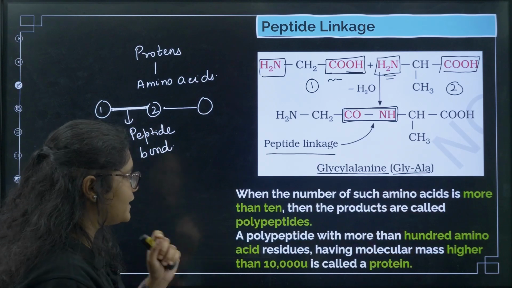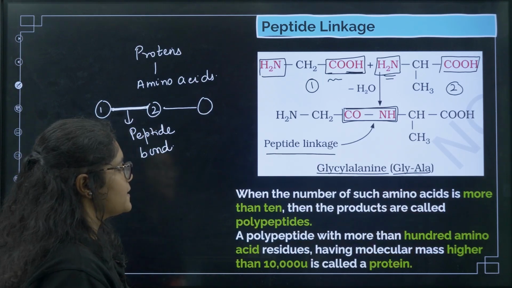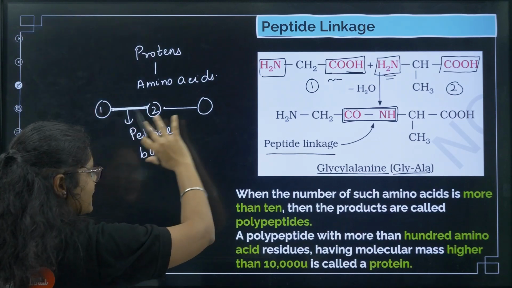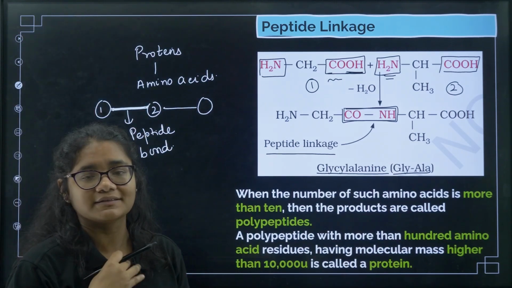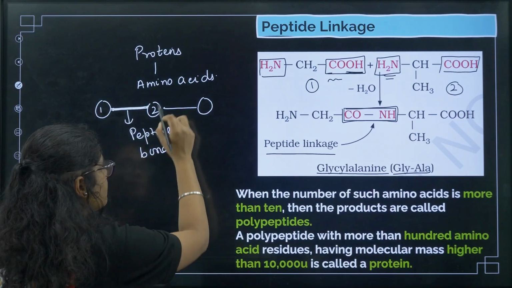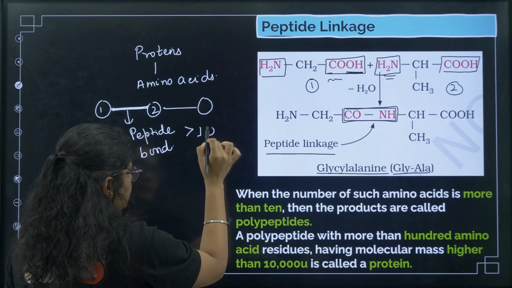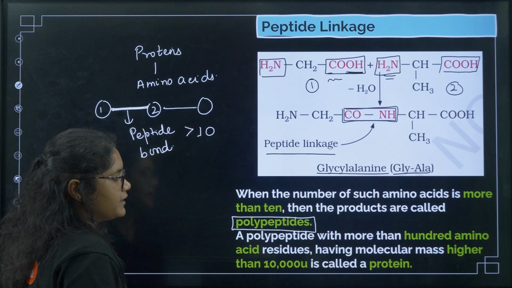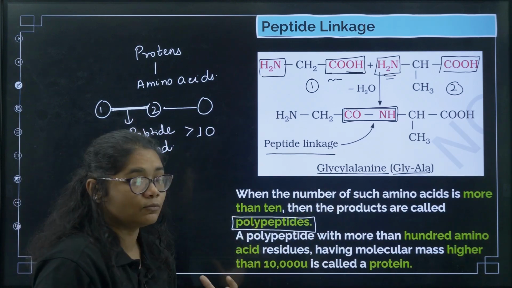Okay. Next. Now there can be many number of amino acids combining. If the number of amino acids is greater than 10, then that particular chain will be called a polypeptide. Polypeptides are those where the amino acids are more than 10.